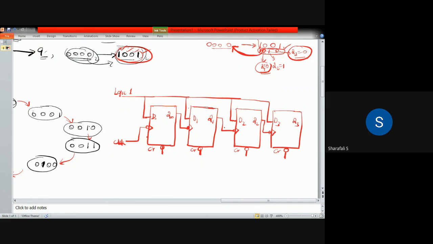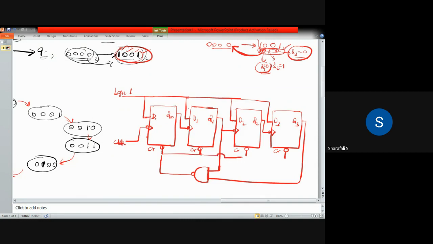So let us take Q1 and Q3. These two you consider, take these two values, and give that to a NAND gate. After that, the output of this NAND gate has to be applied to each of these clear commands.